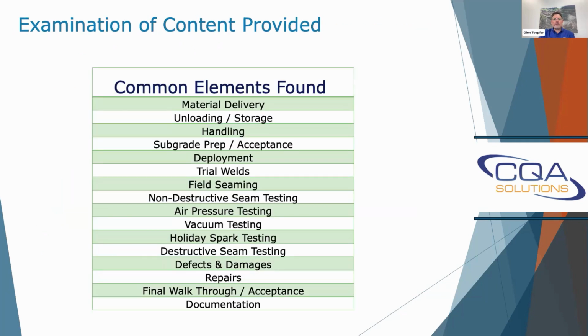And a brief summary of what we were finding: really, a lot of inconsistencies in the documents from manufacturers in the United States, such as AGRU, SCAPS, Solmax, and we looked at some international ones as well, and the content all varied.